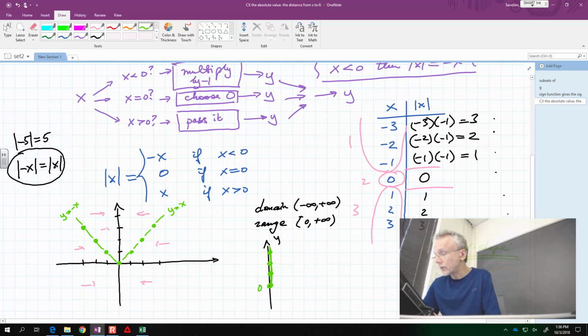This is the origin. Because the range lies on the y-axis, we take the graph and see what is left if we concentrate on the y-axis. Okay, any other things you want to say about this function?